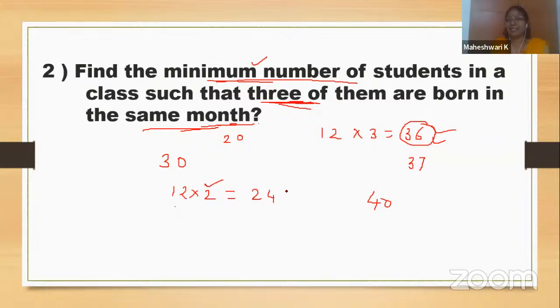Anybody else would like to say anything, any other opinion, or contradict anything? He says 25. So are we all clear with this 25, or do we think 36 or 37? There's nothing wrong in coming up with solutions and our own reasoning.